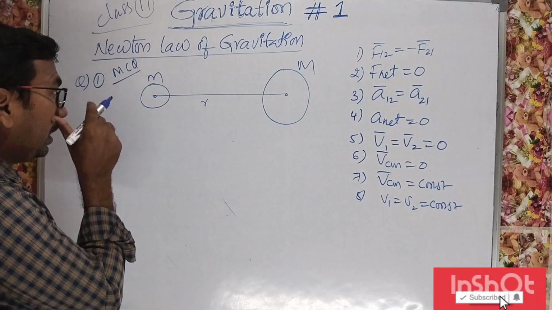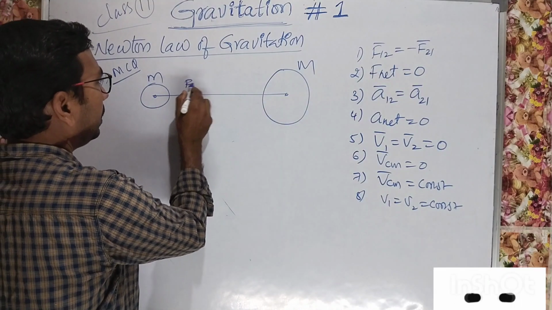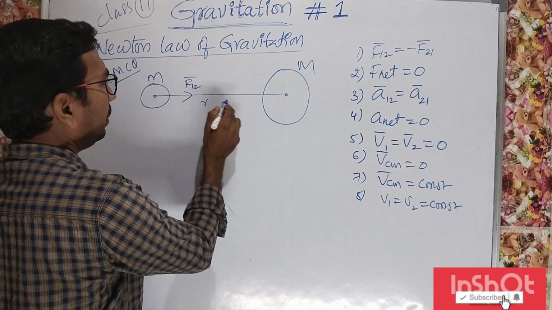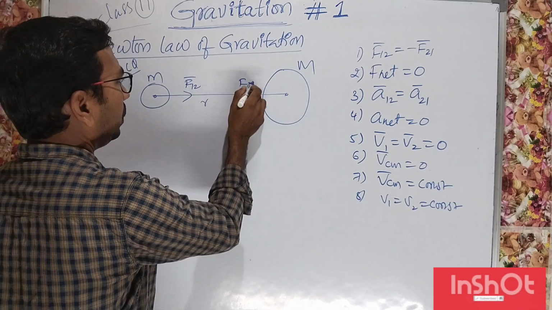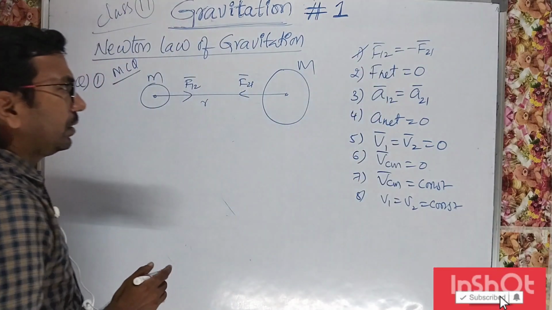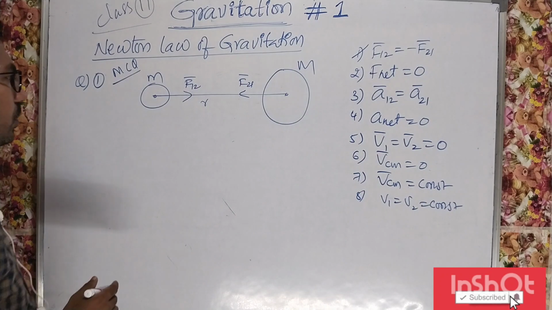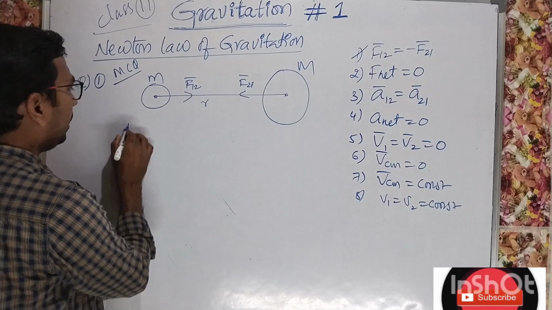Here the gravitation force of the first body due to the second body is F12 bar, and of the second body due to the first body is F21 bar. So the first one is valid, the first one is right. What about the second one? F net is equal to 0. What is F net?